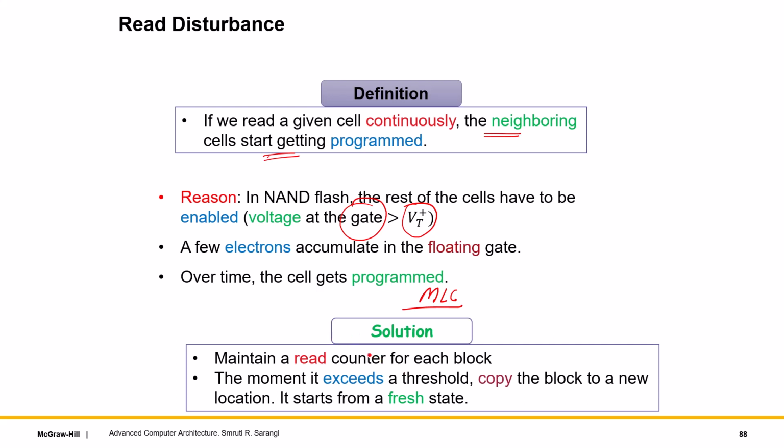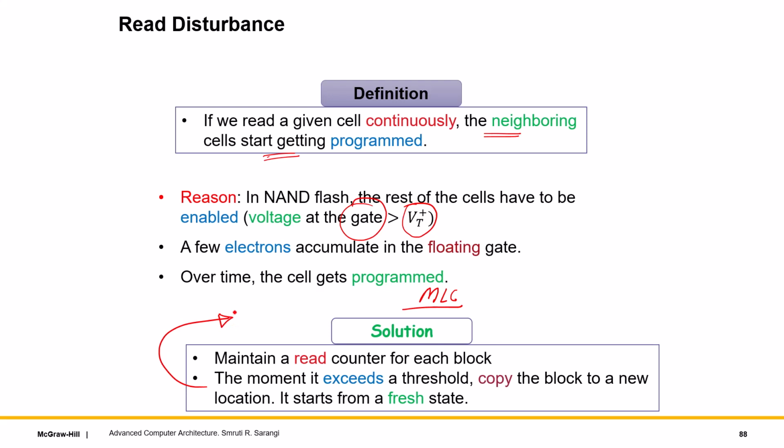The solution for read disturbance is the same as the solution for the PE cycle, for wear leveling, which is that we maintain a read counter at each block. The moment the number of reads, let's say for all the transistors within the block, exceeds a threshold, we do the same. We copy it to a new location and start from a fresh state.